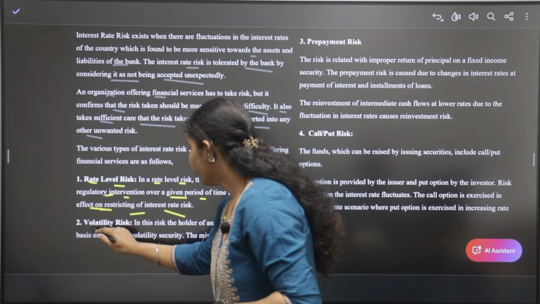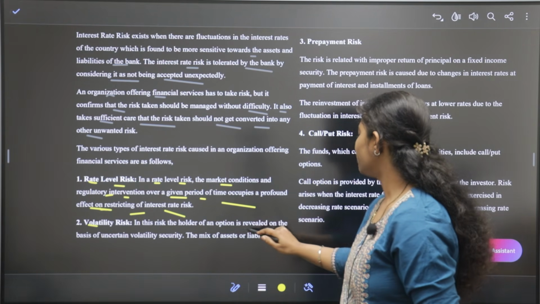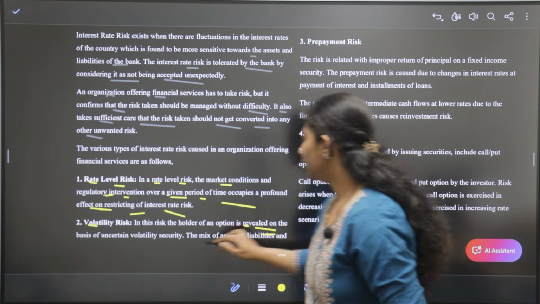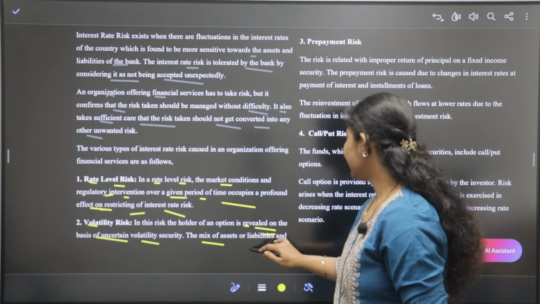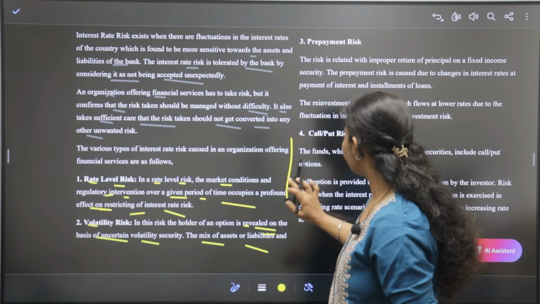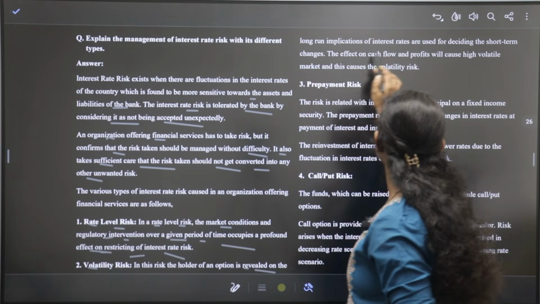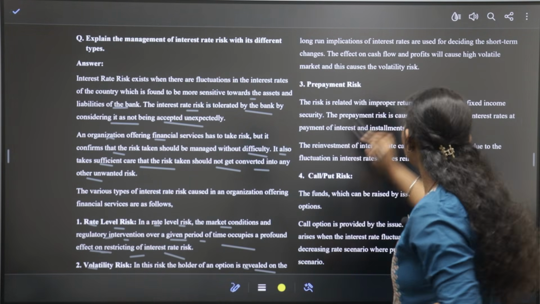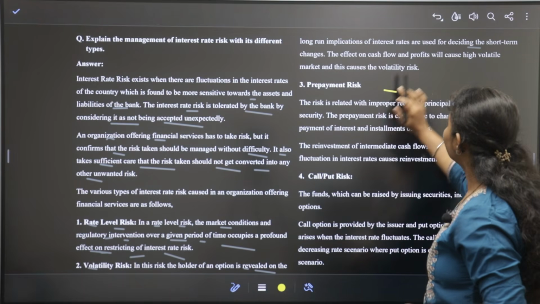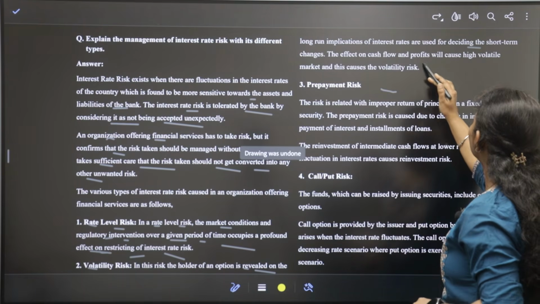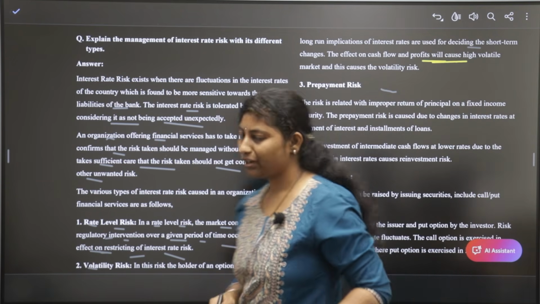And next we have volatility risk. In this risk, the holders of an option are exposed on the basis of uncertain volatility of securities, the mix of assets and liabilities, and the long run implication of interest rates used for deciding short term changes, which affect cash flow and profits and cause a highly volatile market.